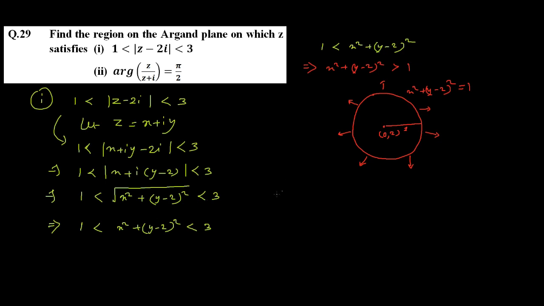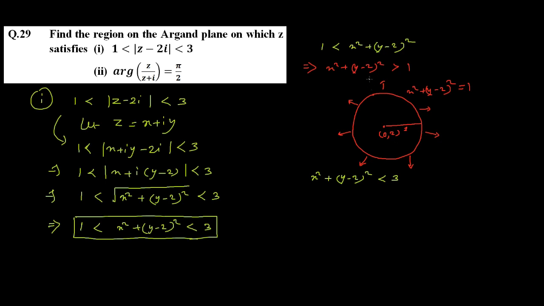We can also rewrite that x square plus y minus 2 whole square less than 3. See here, from this I am writing. That means this is the equation of the circle. We can assume the equation of the circle with center 0, 2 and having radius 3.